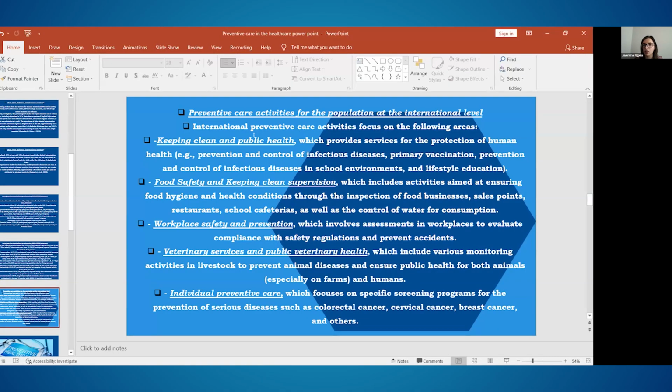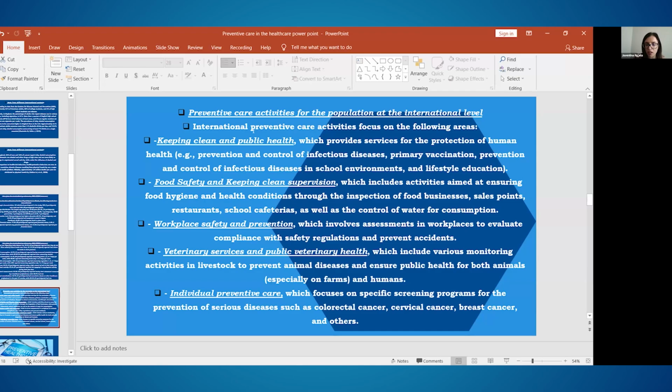That is very important, and many specialists realize it through education and recommendations to the population, food safety and hygiene supervision, and this is more important at school cafeterias, restaurants, sales points, workplace safety and prevention.